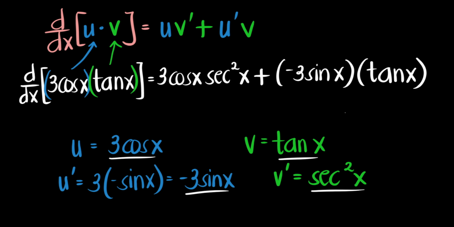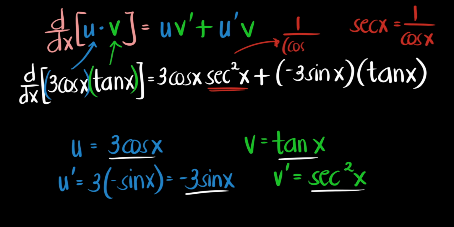One important trigonometric identity is that secant x is equal to 1 divided by cosine x. Thus, we can write secant squared x as 1 divided by cosine squared x.